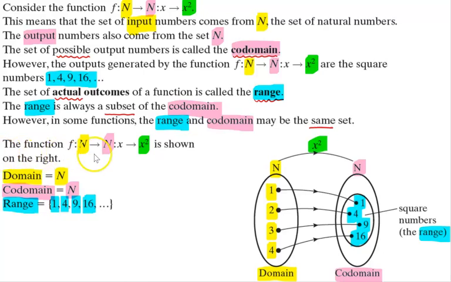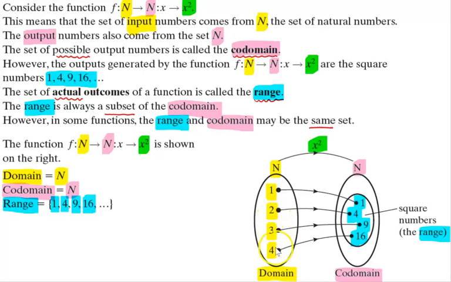The function f from N to N, x maps to x squared, is shown on the right. The domain is equal to N, the natural number set. The codomain is equal to N, the natural number set. And the range is equal to 1, 4, 9, 16, and so on. So we can see on the left-hand side, we have the domain, and we have a capital N, which stands for the natural number set.